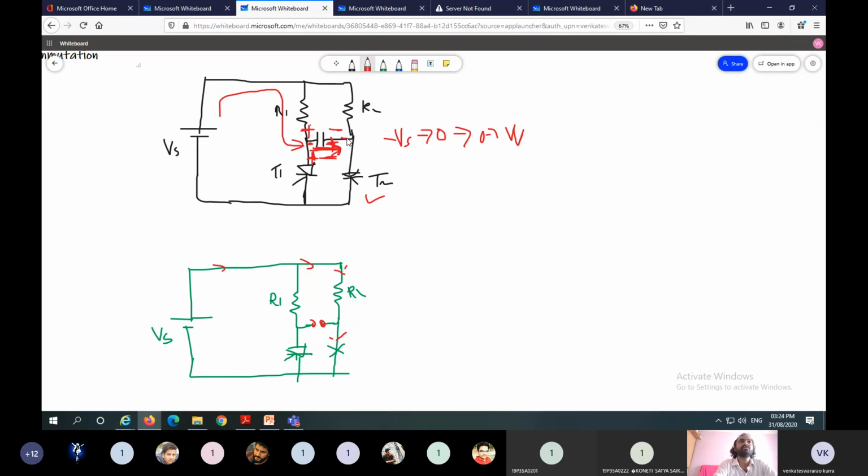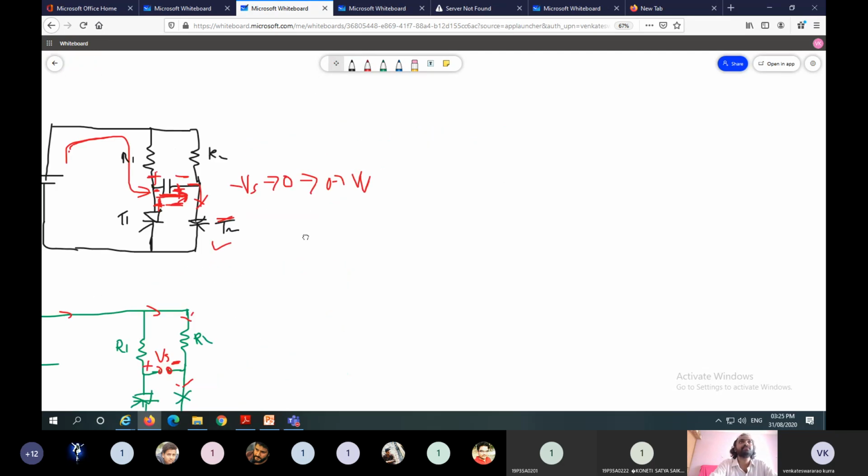At the end, the capacitor charges to maximum voltage and acts as an open circuit. In the present state, the voltage across the capacitor is Vs, and this one is plus and this one is minus. Initially we assume that T2 is turned on. Before turning on T2, assume there is no voltage across the capacitor.